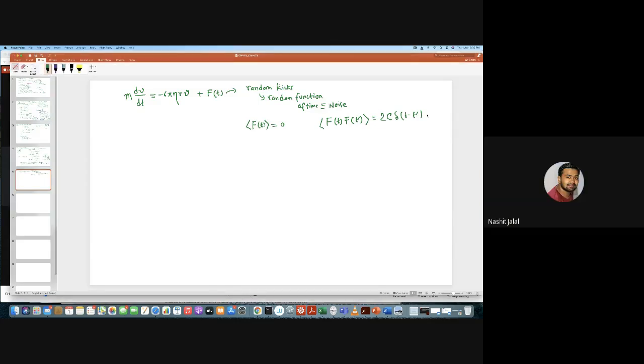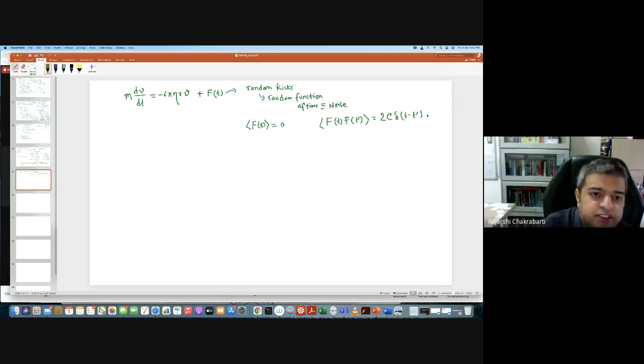This is my equation, and this equation has a name. It is called the Langevin equation. It was proposed by Paul Langevin, a physicist, in 1908.